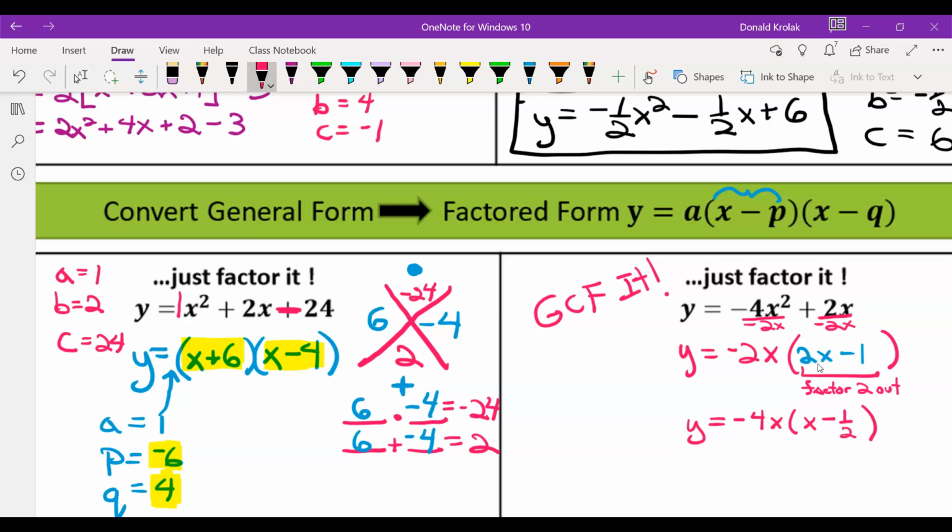Now it almost looks like this. Okay, so to get it to look exactly like that, you're going to rewrite x as x minus 0. Now it's in factored form.